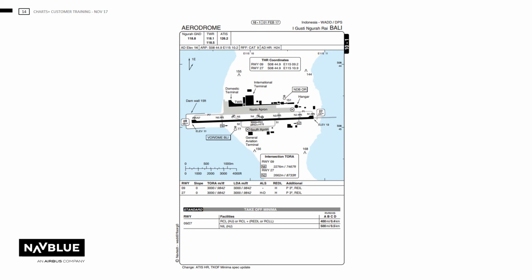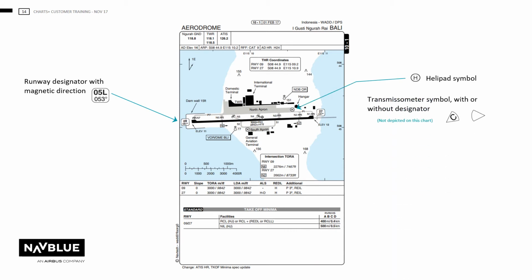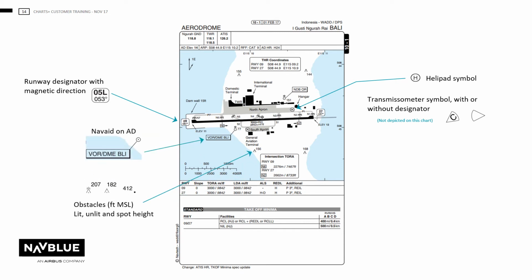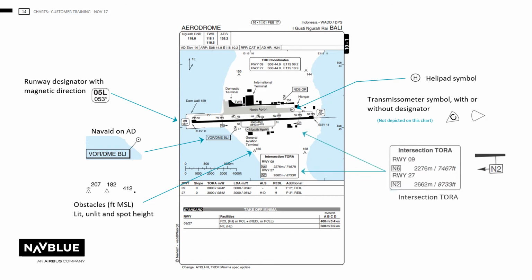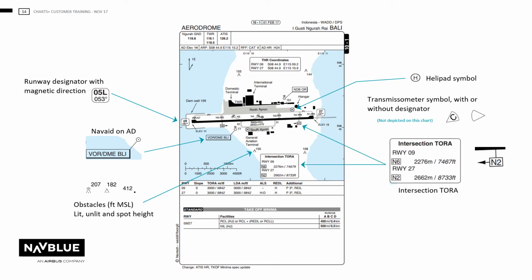The next few slides will help you familiarise yourself with NavBlue depictions of aeronautical information. Some of this information, such as the intersection TORA, may not be presented on a 10.1 if a 10.2 overview chart is present.